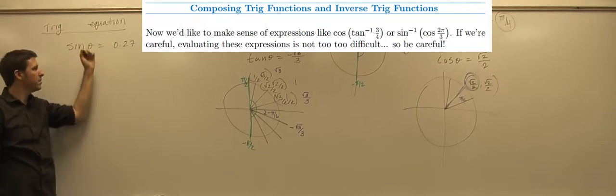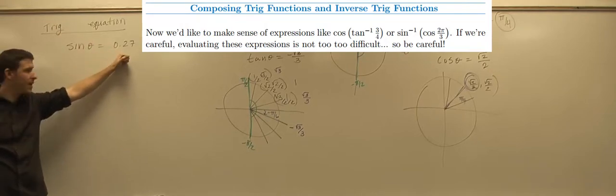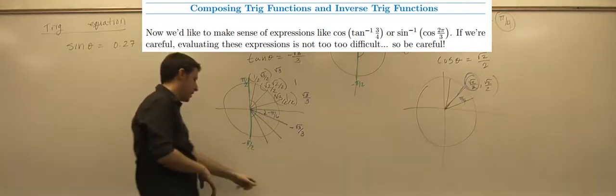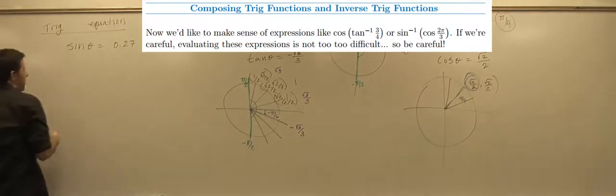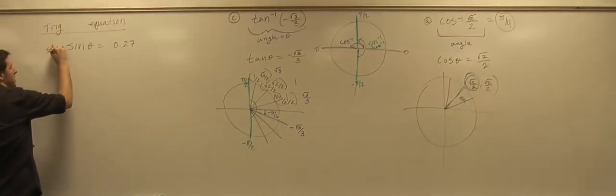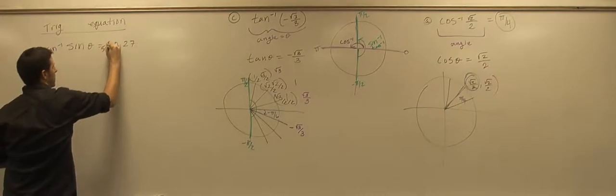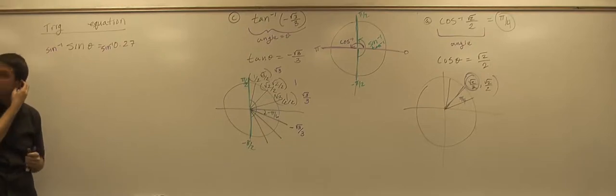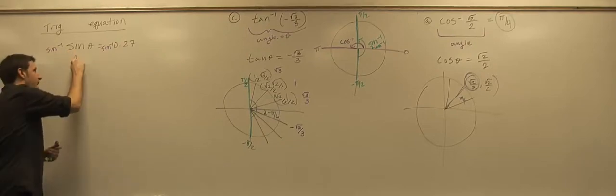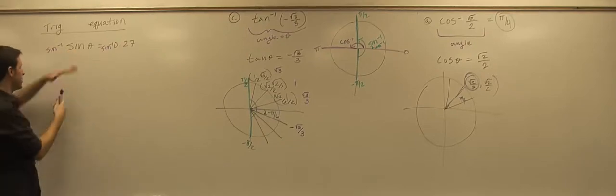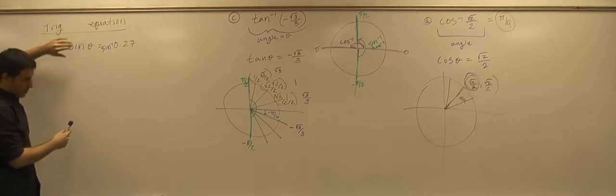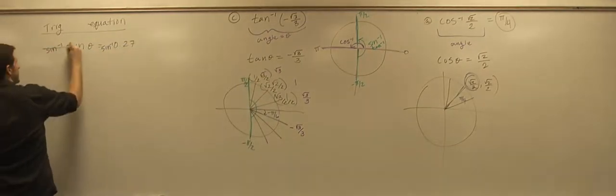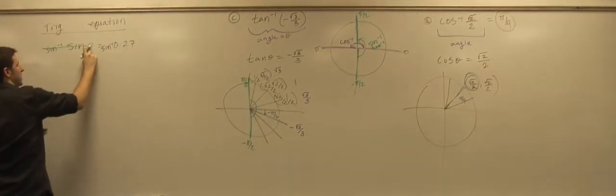But if this isn't a special trig ratio, I would like to be able to use my inverse trig function to solve this. The way you would solve this is you take sine inverse of both sides. On this side, hopefully, sine inverse of sine cancels, they undo each other, and leaves you with theta.